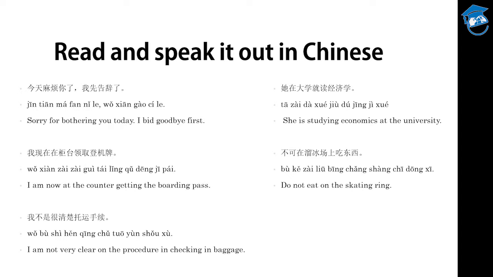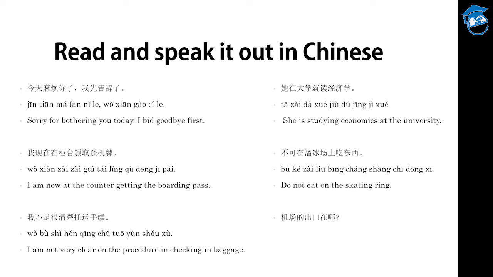Okay, it is not very clear if you don't say 东西 at the end. 不可在溜冰场上吃. We will say 吃东西 to eat something because eating must complete with something. Alright, so it should be very straightforward. Okay, let's go to the last one.